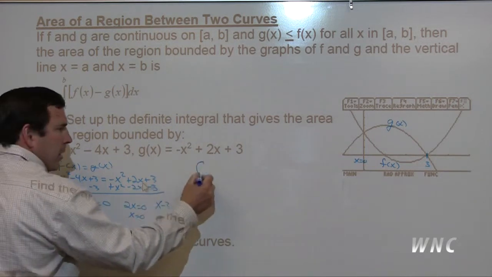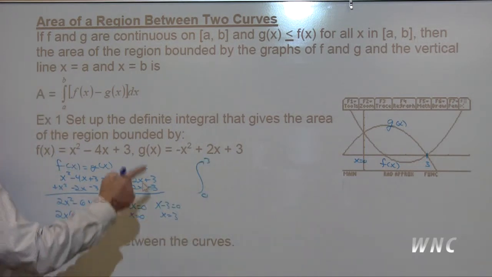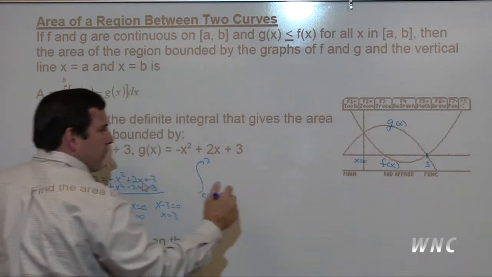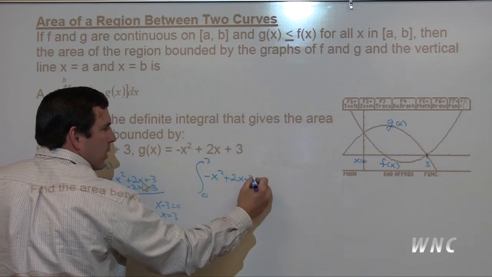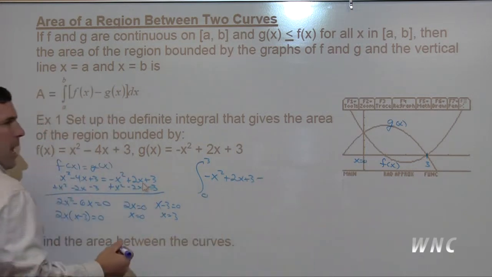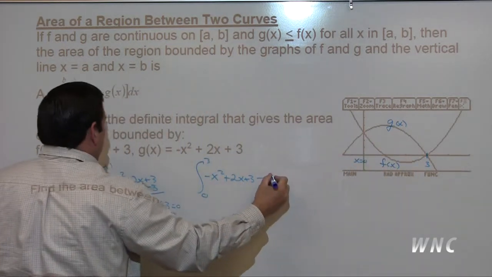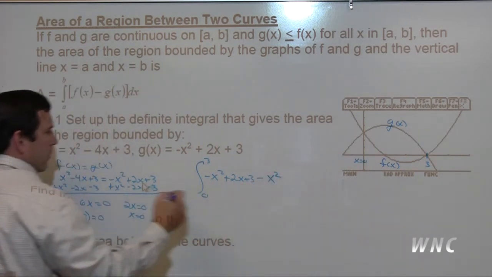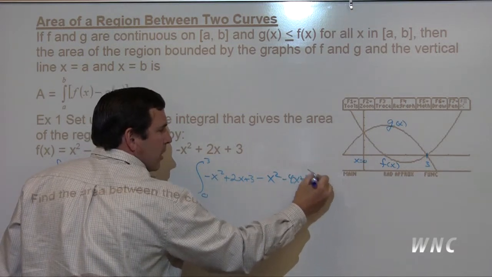So we are looking at the integral from 0 to 3 of g of x, the upper curve, which is negative x squared plus 2x plus 3, minus f of x, the lower curve, which is going to be x squared minus 4x plus 3. I'm putting parentheses around this.